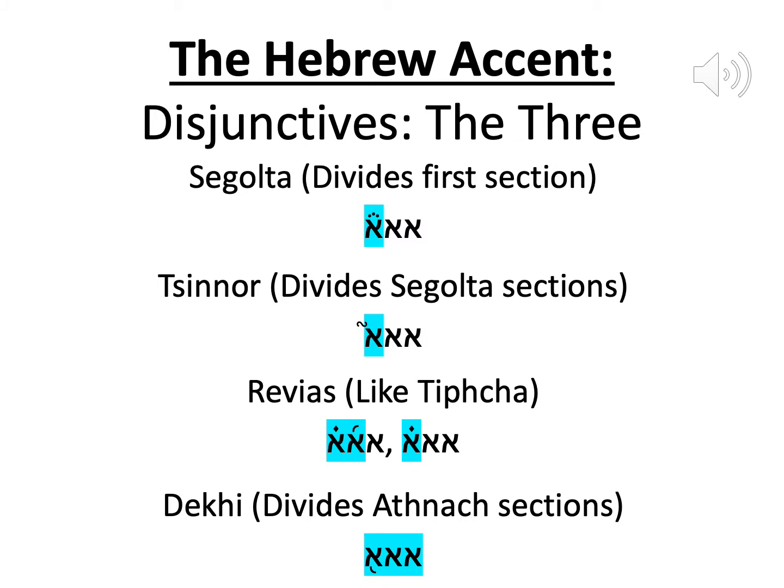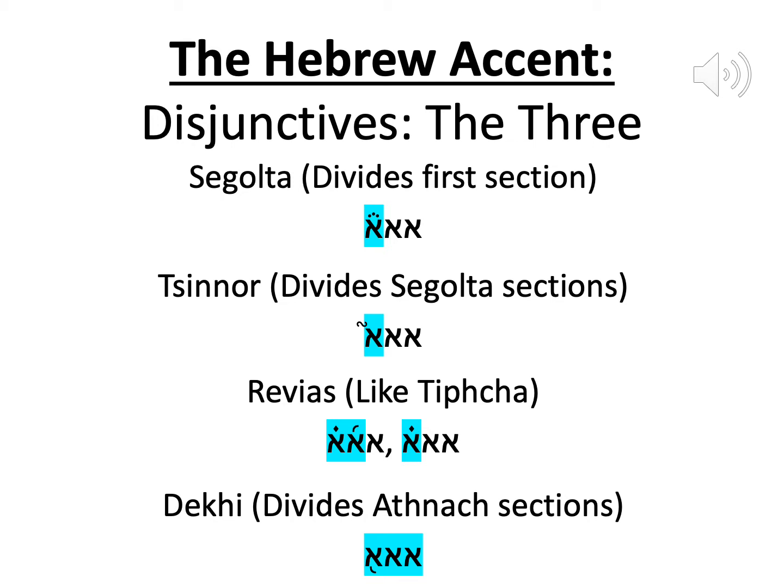Since we are switching our focus to the poetry books instead of the prose books, remember that the Hebrew accents, especially the disjunctives, within the three, Job, Psalms, and Proverbs, are different than in prose. We have segolta, which divides the first section into different sections, sinor, which divides segolta sections into smaller, ravia, which functions very much like tifka, a slight division, although in some verses, if it is a short verse, a major division, and then dekhi, which divides atnak sections.